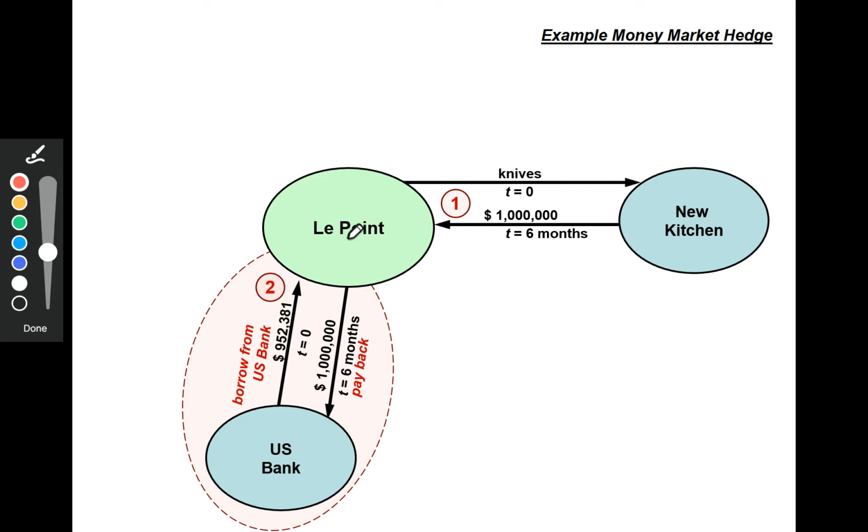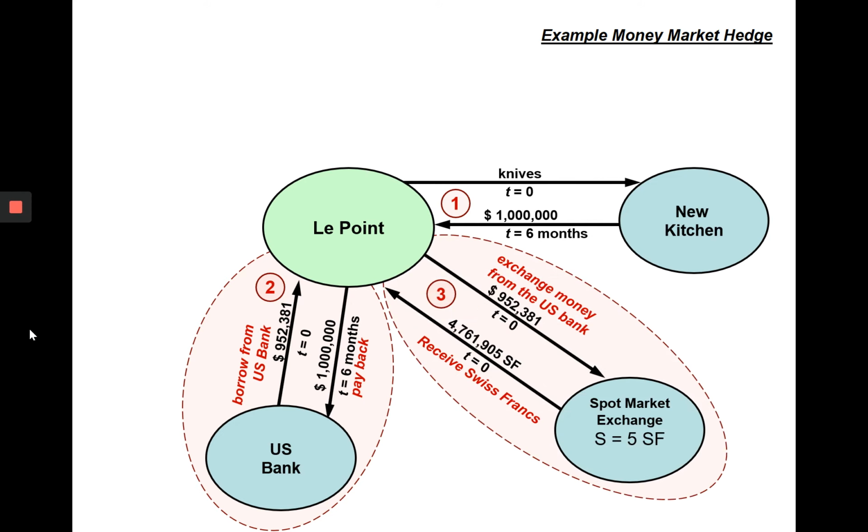Because we can take these dollars and immediately make them into Swiss francs in the spot market. The $952,381, which we exchange at the spot rate of 5 Swiss francs per dollar, becomes 4,761,905 Swiss francs.